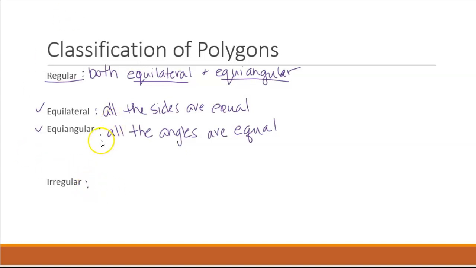Get this, you guys, an irregular polygon is something that's just not regular. So it can be equilateral and not equiangular, so it's irregular. So it has to be both of these in order to be regular, and if it's not both of these, then it's just irregular. So basically anything else.